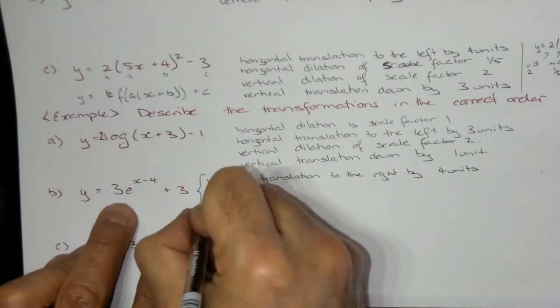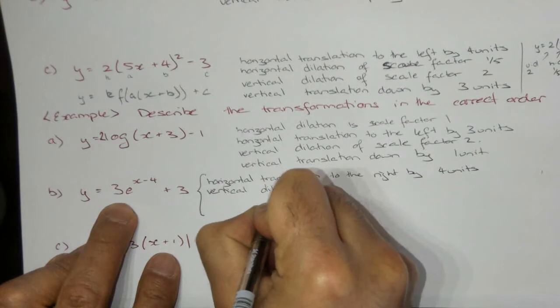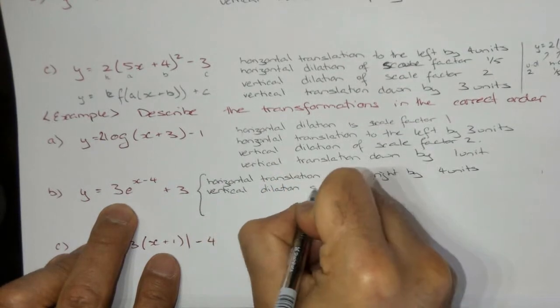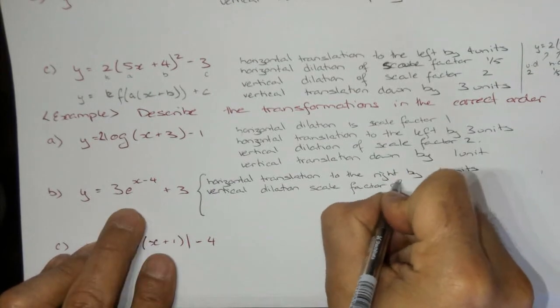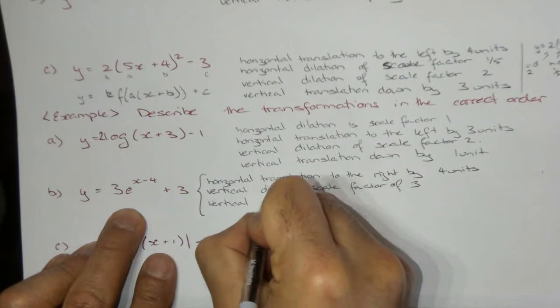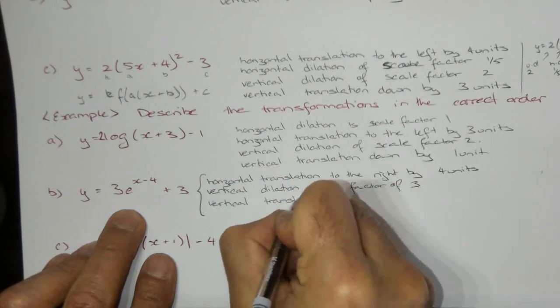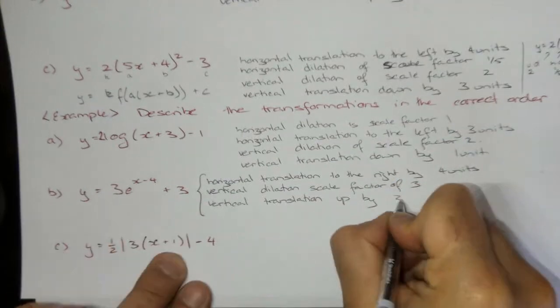Okay, we've got a vertical dilation scale factor of 3 and a vertical translation up by 3 units.